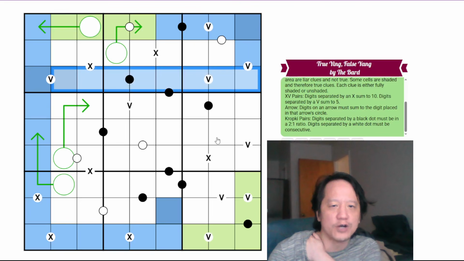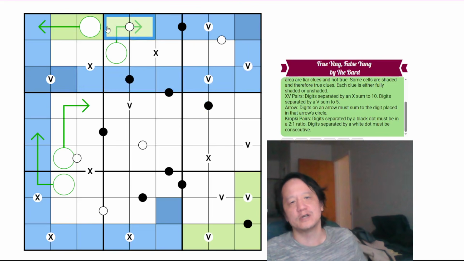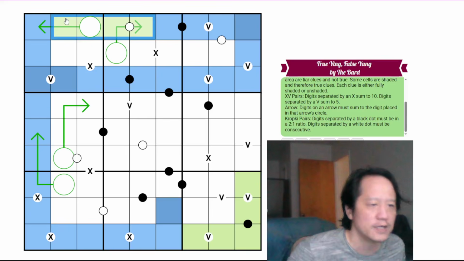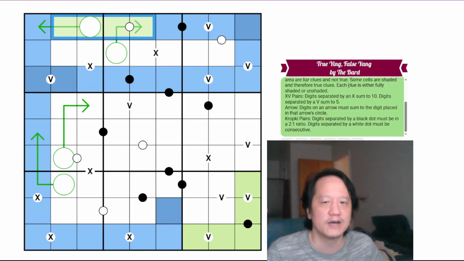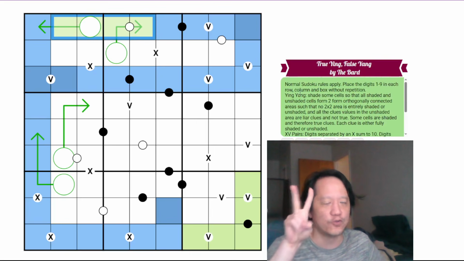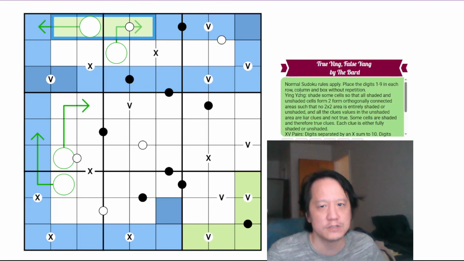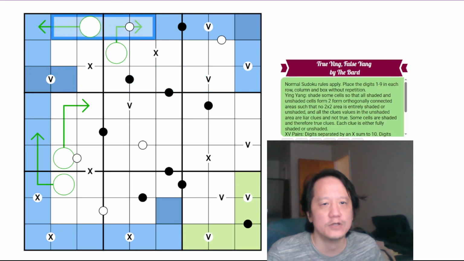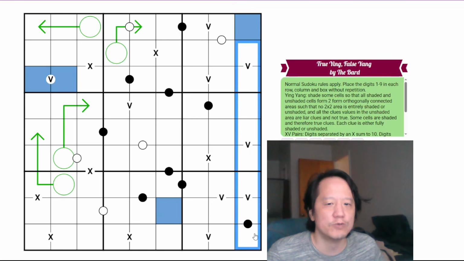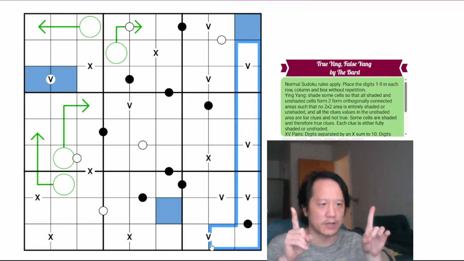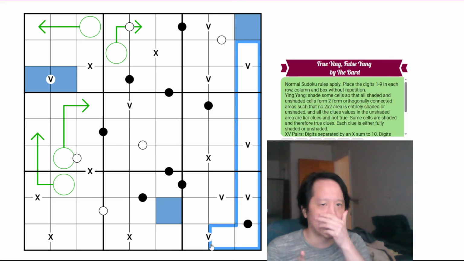Or if you try to orthogonally connect the blue regions, you will necessarily break the green regions into 2 separate regions, which obviously does not work, because you must have only 2 fully orthogonally connected regions for these shadings. So once you have 2 changes of shading, you know that you cannot have any more.